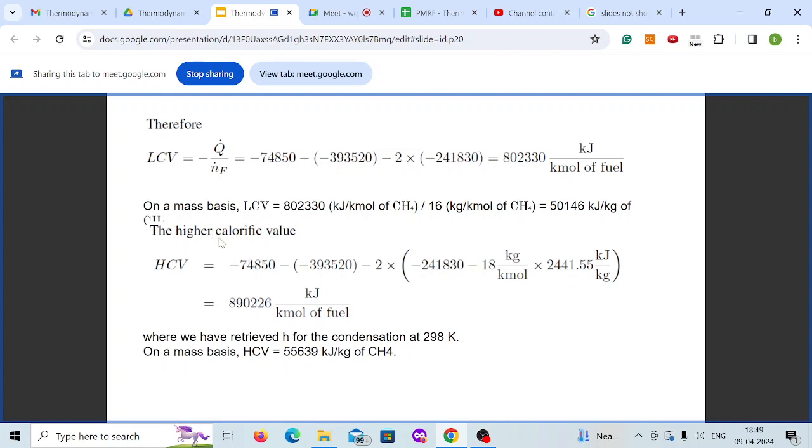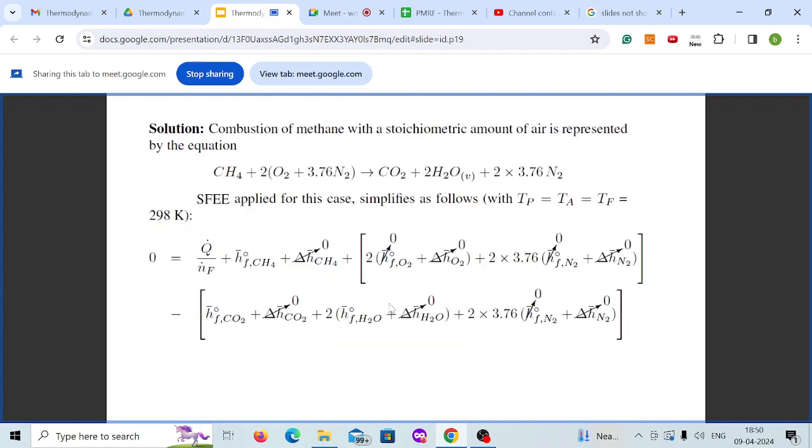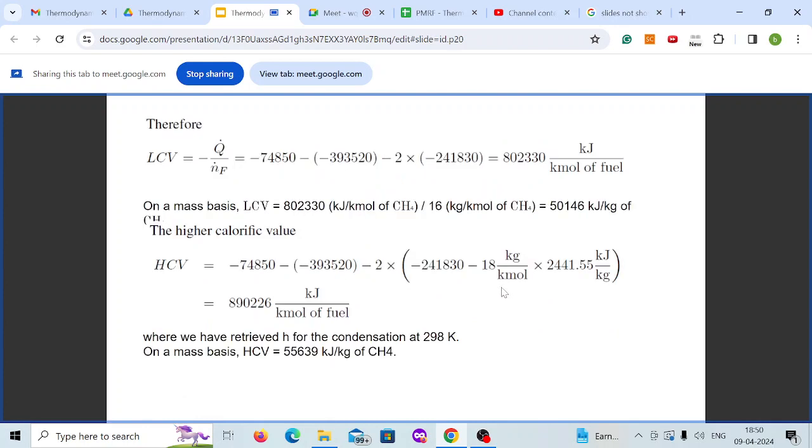Similarly, the higher calorific value is where you need to take into account the condensation of water vapor. If you do that, the latent heat of water vapor also comes into the calorific value.